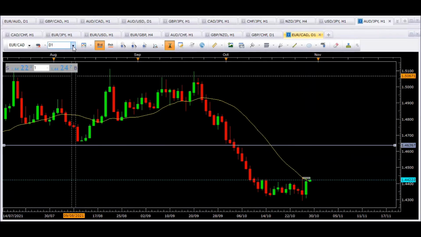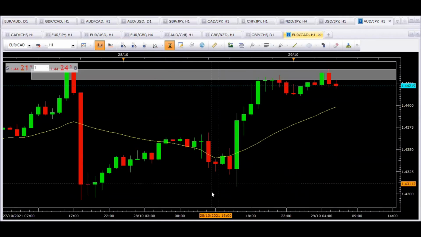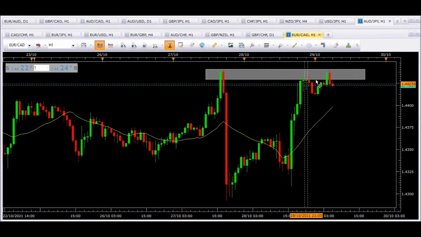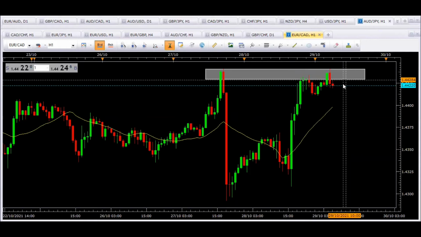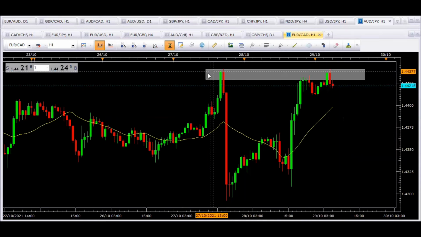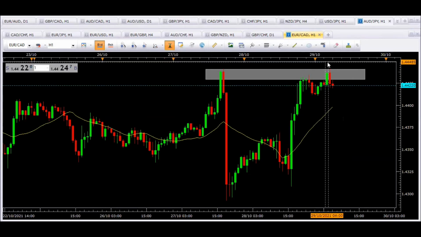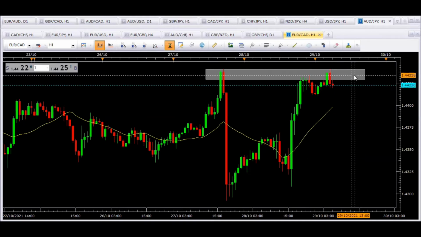But let me show you what I'm looking for on the lower time frame. So on the hourly chart, I'm seeing this area of resistance here. For me to take this trade, I need it to be broken on the hourly chart. And then I need price to come back to this resistance zone, which will then become a support zone.